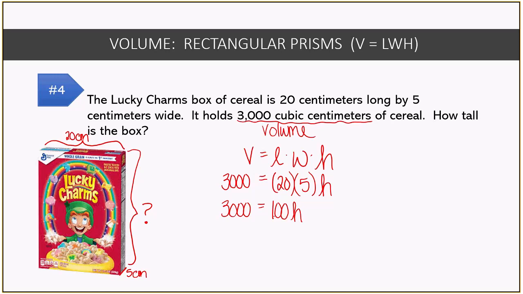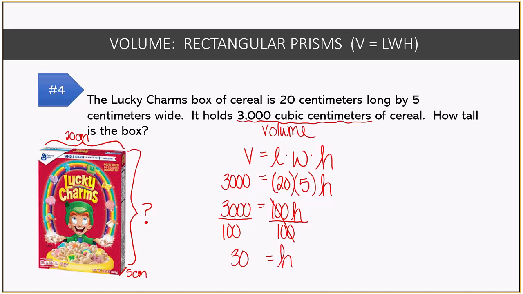So remember from solving one-step equations that we get rid of multiplication by doing the opposite. So the opposite of multiplying is dividing. So we're going to divide both sides by 100. Again, you're welcome to grab your calculator. 3,000 divided by 100 is 30. I think this was my first mistake in first period. I think I said 300.